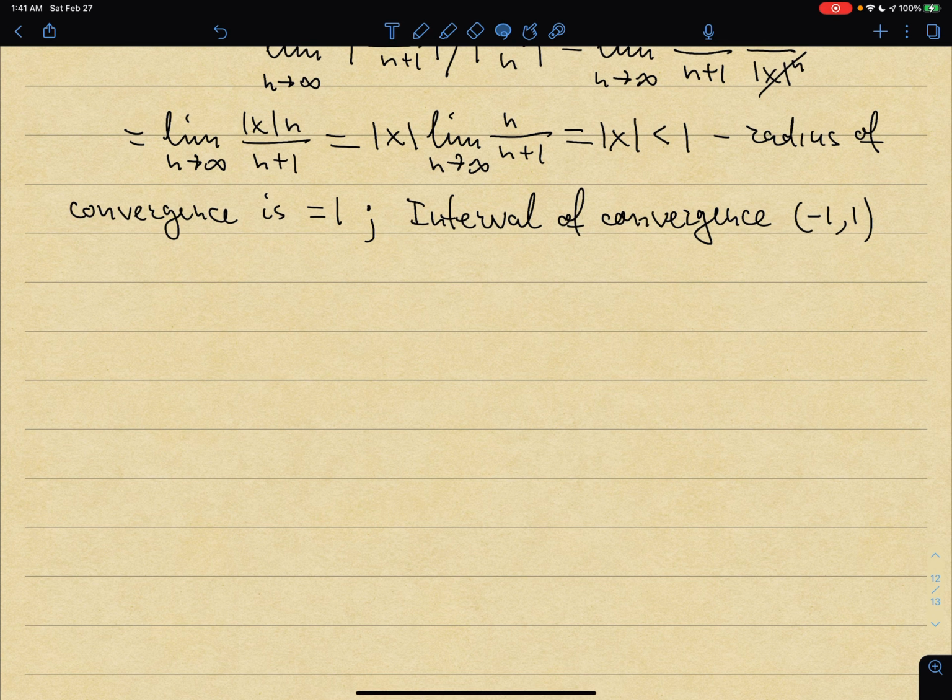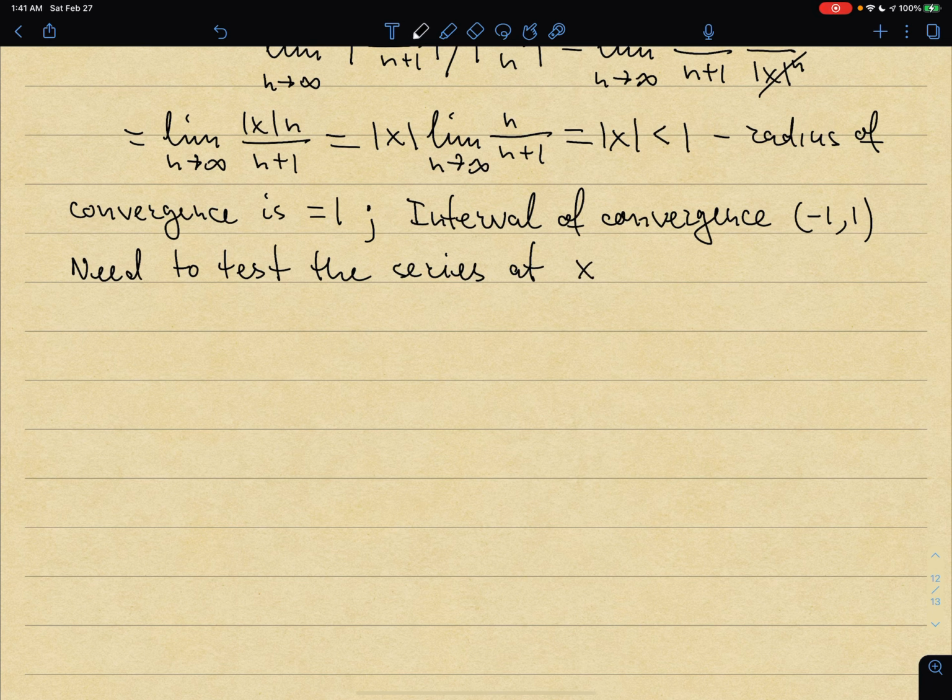So I need to test the series at x equal to plus or minus 1 using some other method.